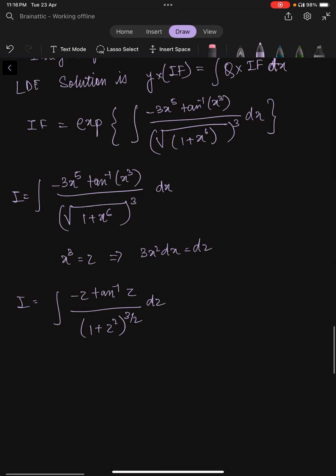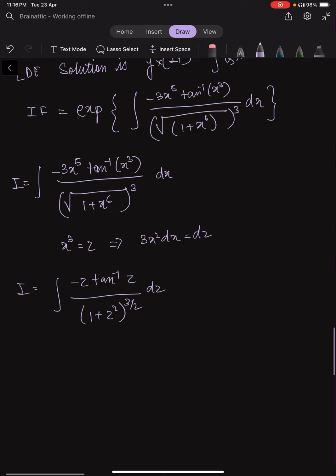Okay, so our integral is of this form. Now again what we are going to do is take tan inverse z as u. So dz by 1 plus z square is equal to du.